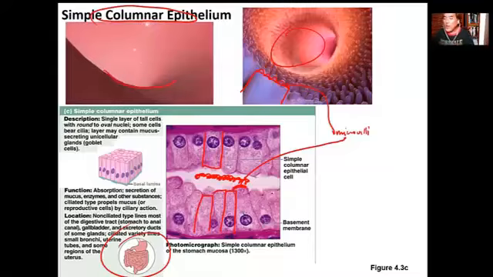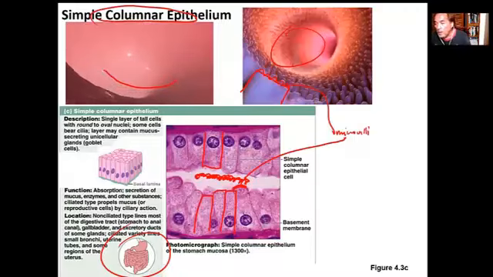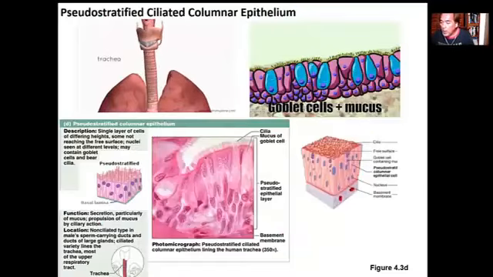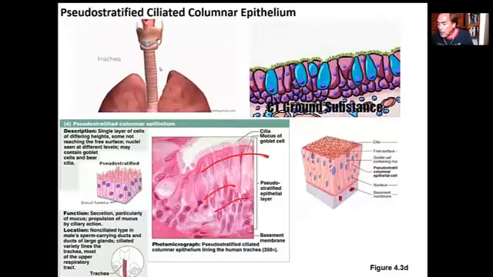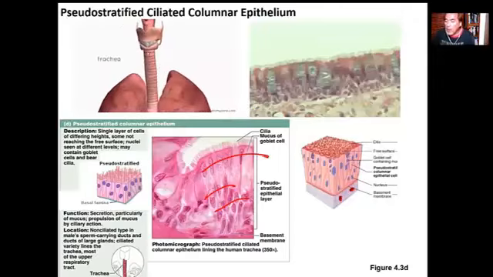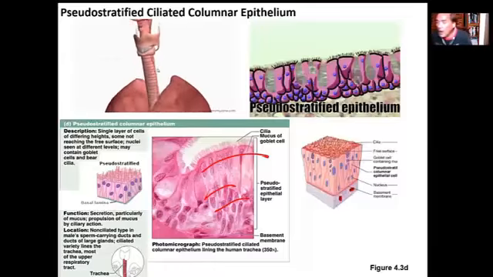There's actually a special type of simple epithelium that looks like stratified, but in fact it is only one layer. But if you look at the microscope, it looks like multiple layers because you have a lot of nuclei in different layers. It is actually a misnomer that this is stratified. It is not stratified.